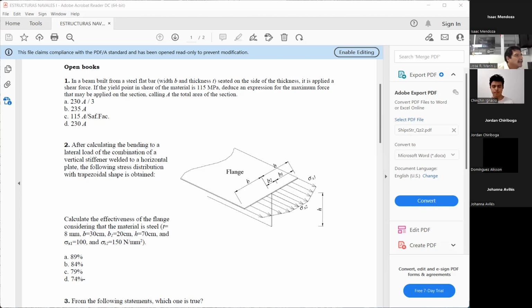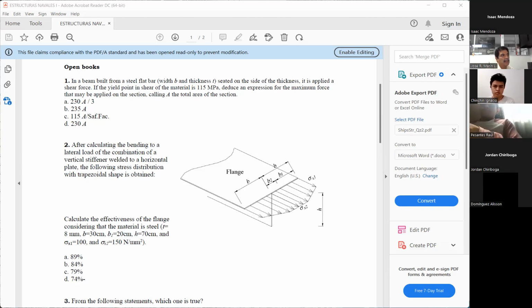I'm sorry, I was reading that wrong. Yeah, you're right. But in the test, you didn't do it correctly, Dominguez. Yes, because I took the normal stress, correction normal stress.